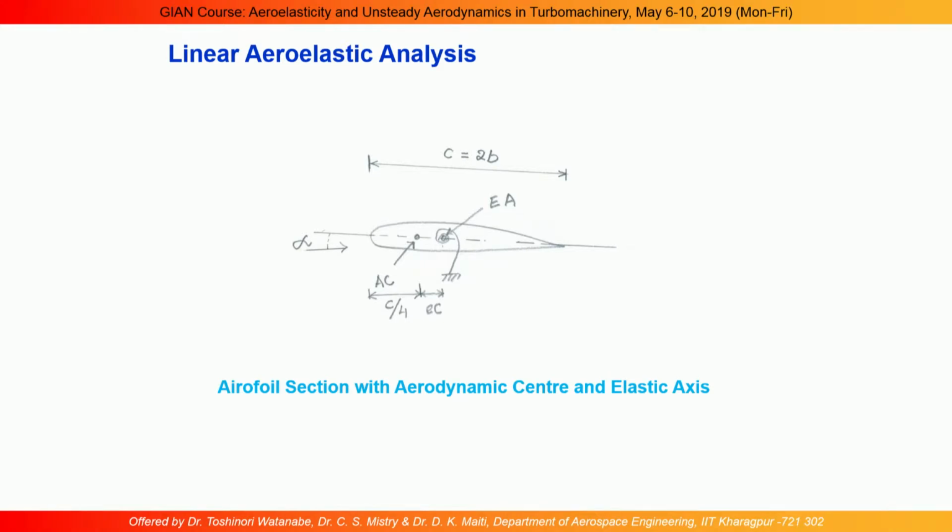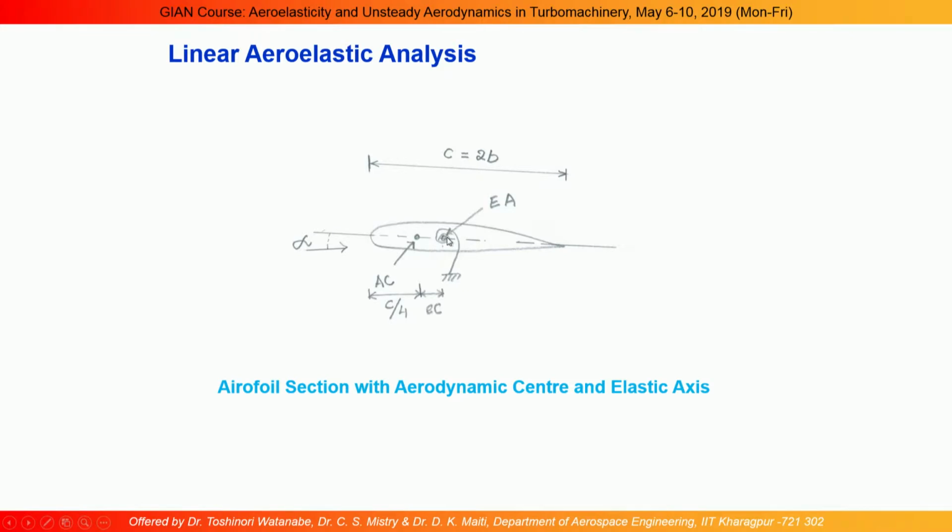When it is in a dynamic condition, we can imagine that there is an air column equal to the radius of this semi chord, and that fluid is also acting on this wing, affecting the wing with some inertial load. That is why sometimes we consider the semi chord, not the full chord length. That is why I have written here c is equal to twice b.